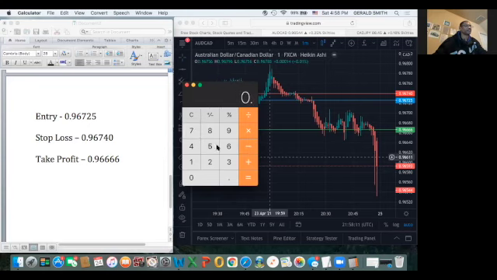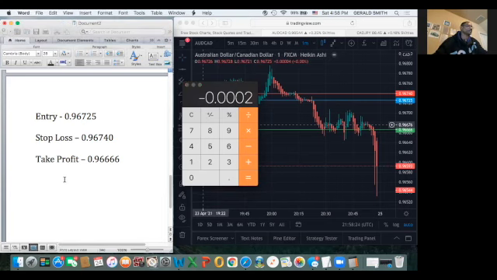Subtract 0.9674 equals, no matter about the zeros, you just take the decimal point over. This is how much you stand to lose. 20 pips, of course. Your risk.